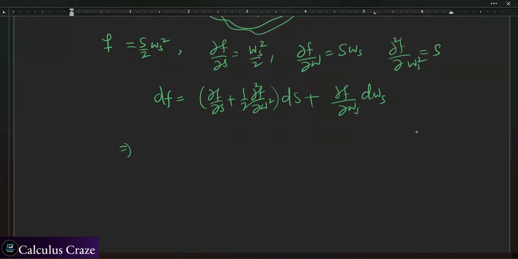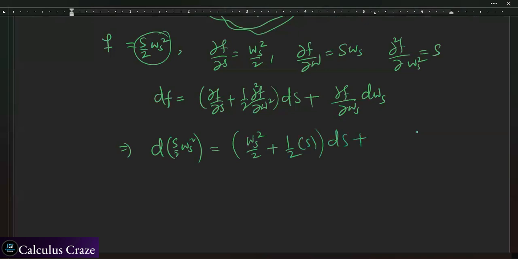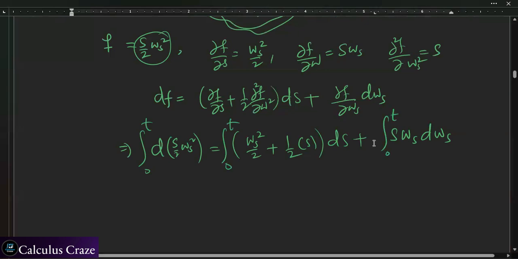When I insert these values, in place of f I write s over 2 W_s squared, which equals: the partial derivative of f with respect to s is W squared by 2, plus 1/2 times the second partial derivative, which was s, ds, plus s times W_s dW_s. Now you apply the integral from 0 to t.